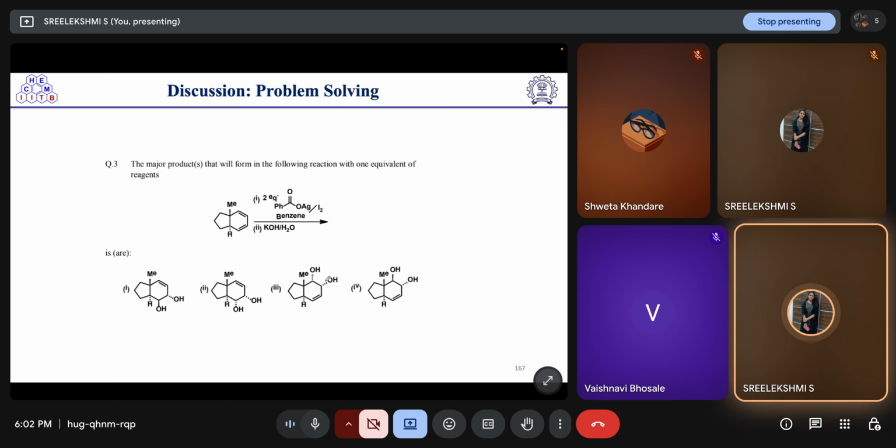Now the third question: the major product that will form in the following reaction with one equivalent of the reagent. So here we are using two equivalents of this silver benzoate, iodine, benzene. In the second step, KOH and water. So just now we have seen this.